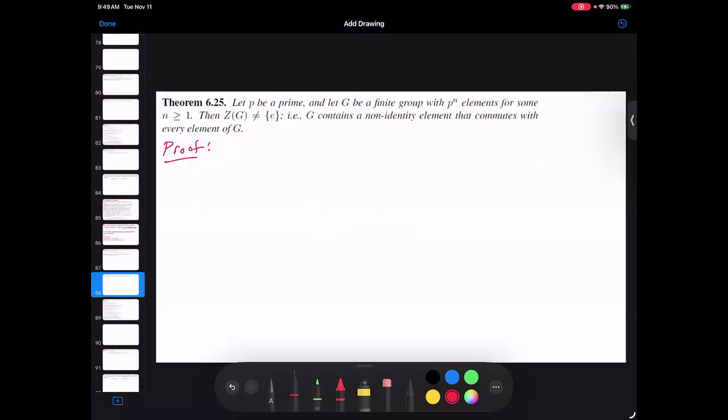So we have the size of X is equal to the sum, k goes from, say, 1 to n, of the size of G divided by the size of the stabilizer of x_k.